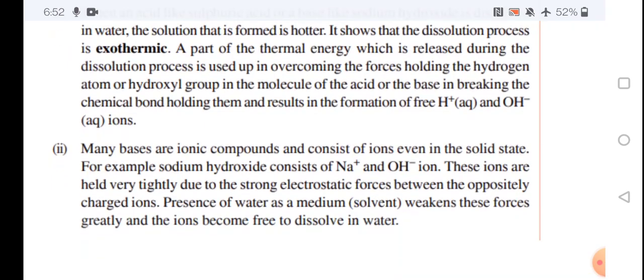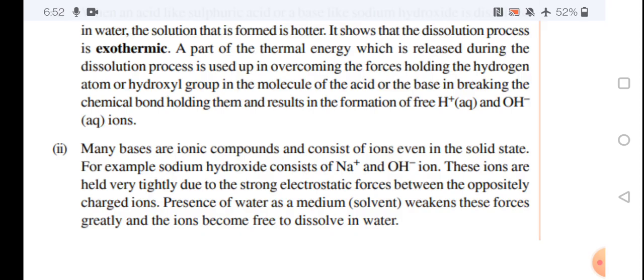Many bases are ionic compounds and consist of ions even in the solid state. For example, sodium hydroxide contains sodium and hydroxide ions. These ions are held very tightly due to the strong electrostatic force of attraction between the oppositely charged ions.